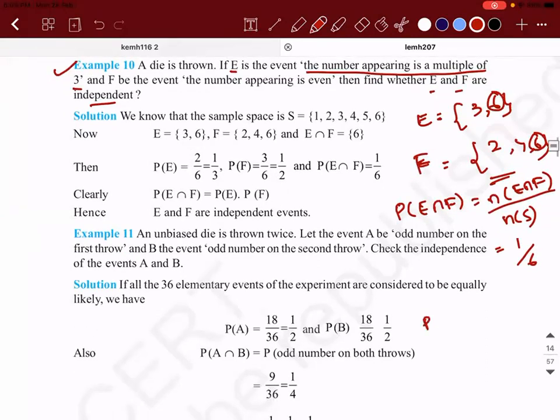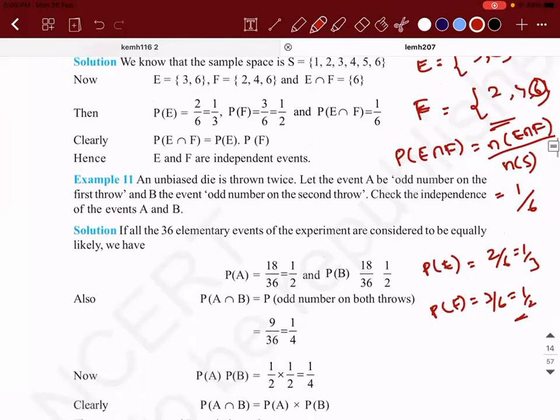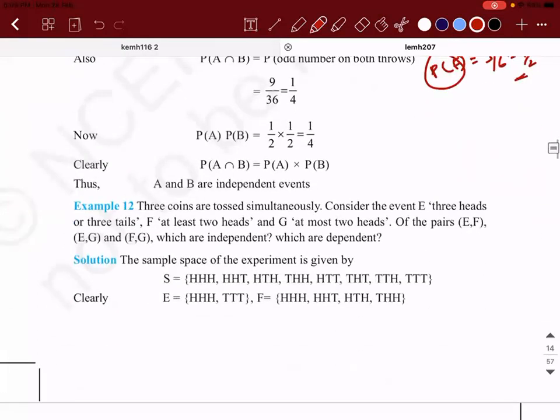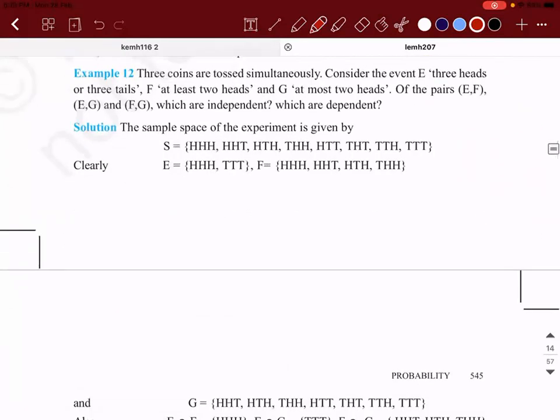What is the probability of E? That is 2 by 6, which is 1 by 3. Probability of F is 3 by 6, which is 1 by 2. So probability of E intersection F is equal to probability of E into probability of F. So can you say they are independent? Yes, they are.